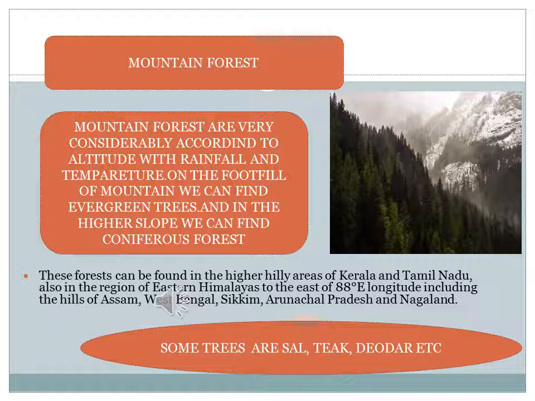Altitude-wise, this forest can be classified into three types: evergreen trees up to a height of 1500 meter; mixed forest of temperate deciduous, temperate evergreen and coniferous trees from 1500 meter to 3500 meter; and above 3500 meter, alpine vegetation is found. Poplar, oak, maple and beech are some examples of these forests.